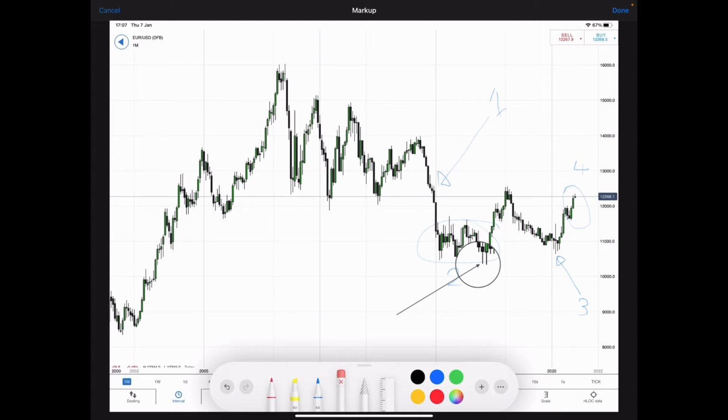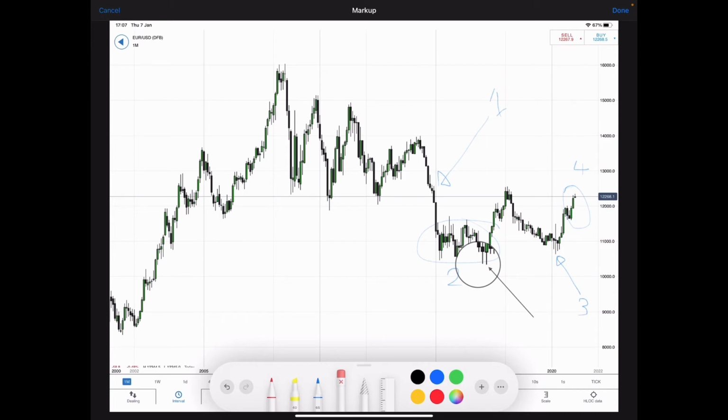That candle that I've just made a note of initially took out any stops or any liquidity that was resting below the consolidation. Okay? The second candle took out the previous candle.